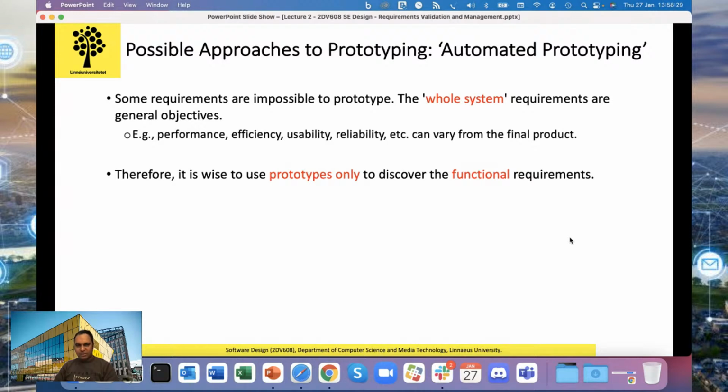This includes performance, efficiency, usability, and so on. And also, if you are developing an automated prototype, then the performance or usability that you have in the automated prototype might not be the same as the performance of the final product. So they might improve a lot, or vice versa.